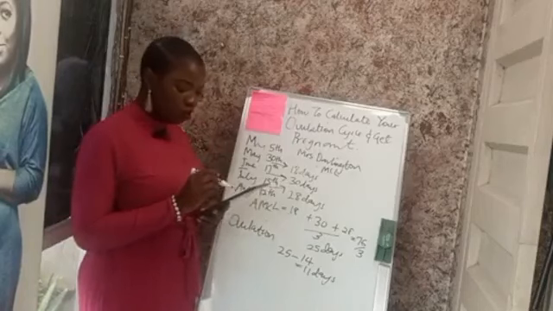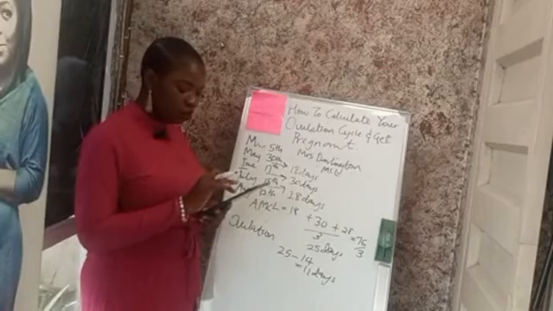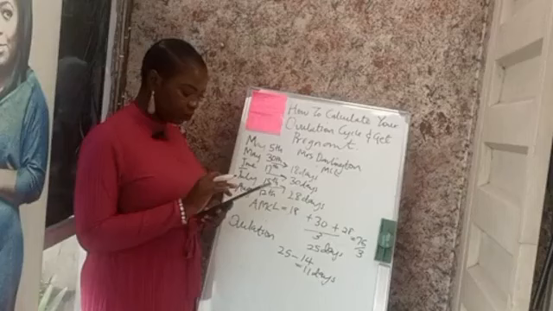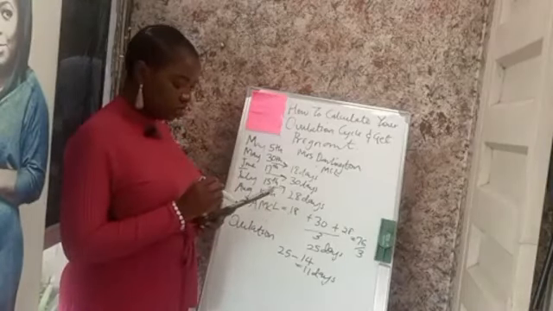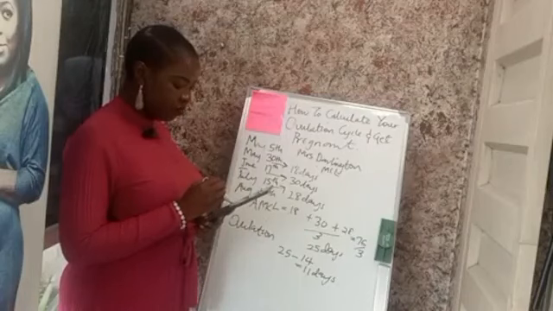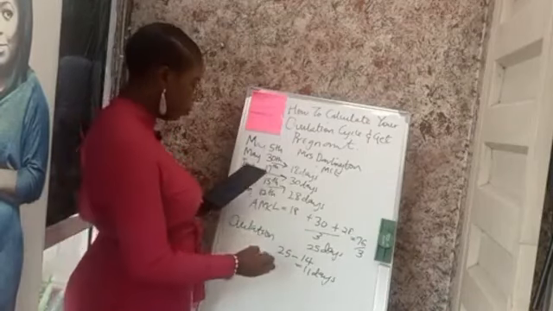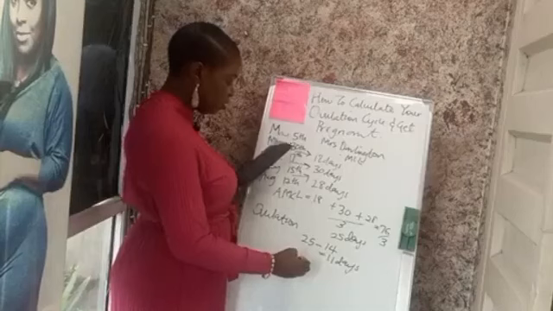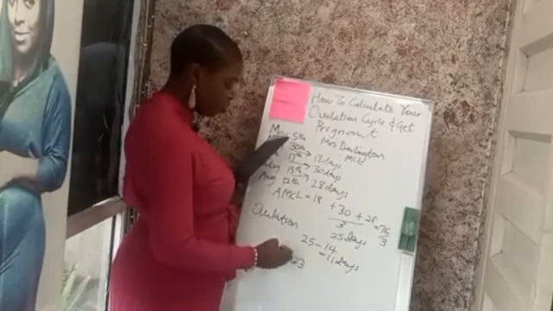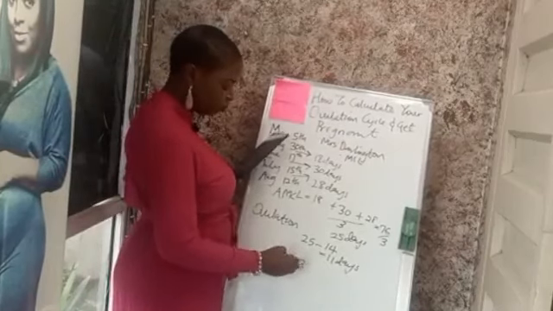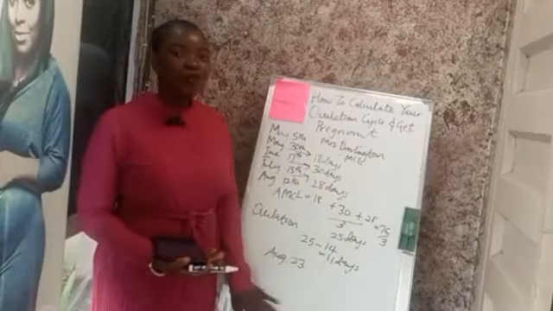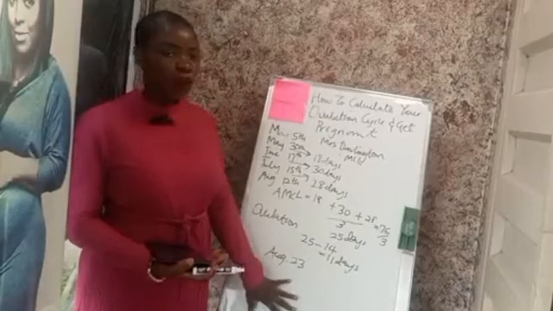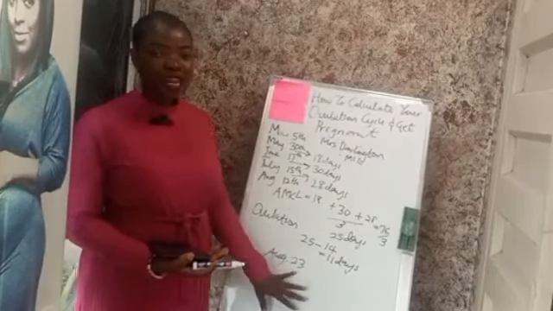So this is 12, 19 to 7, 20 is 8, 9, 10, 11. So that is on the 23rd of August.